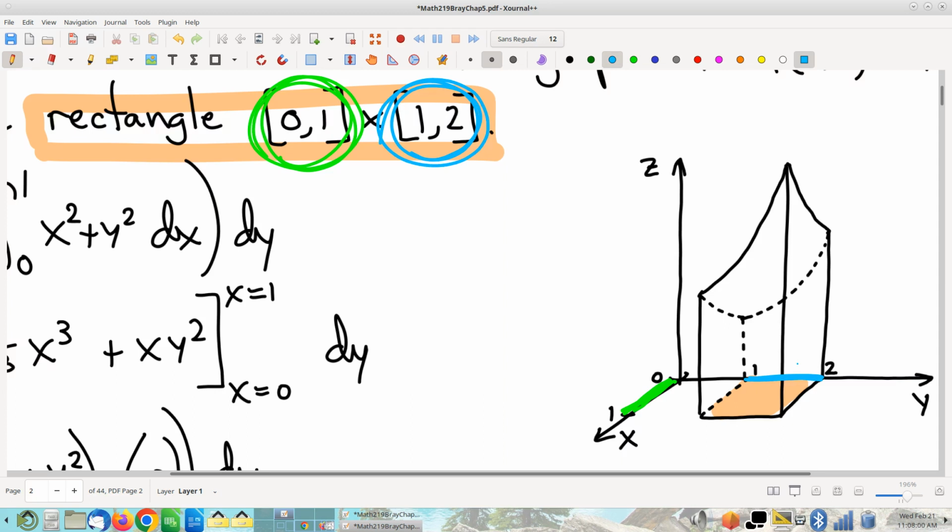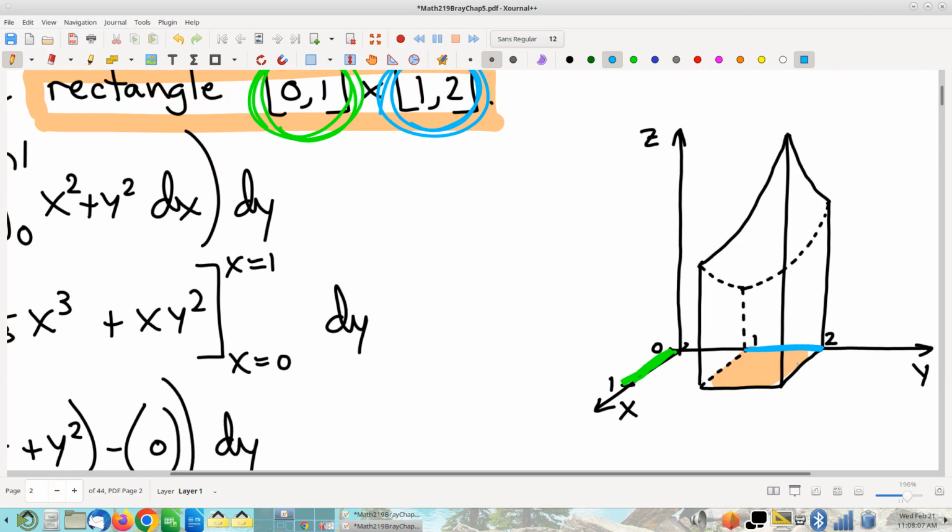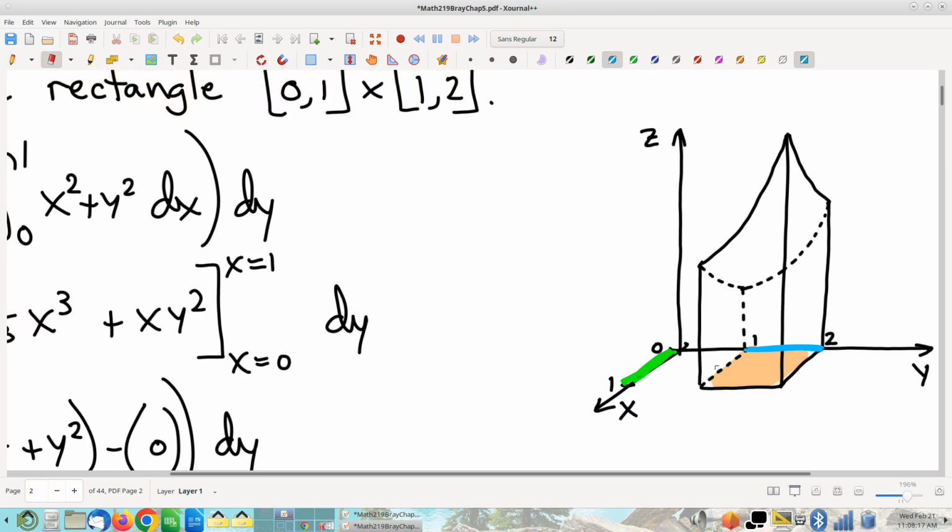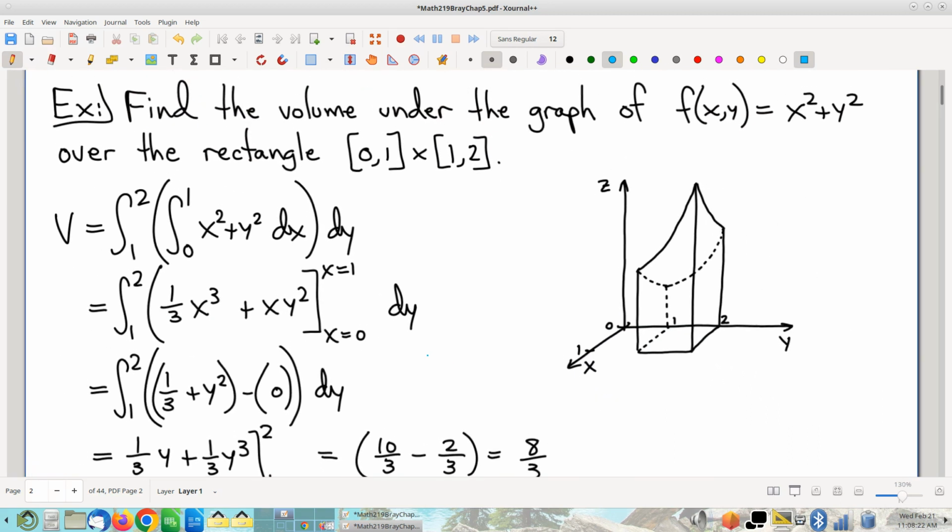So I think you'll agree that's a very compact and handy notation to represent a rectangle in the xy plane. We're going to be using that notation a lot, so make sure you're comfortable with that meaning. Okay. All right.